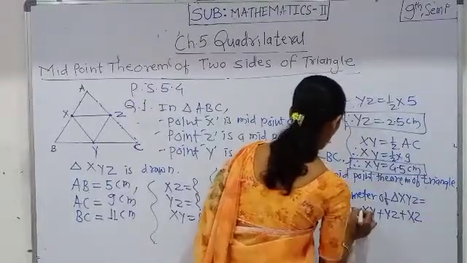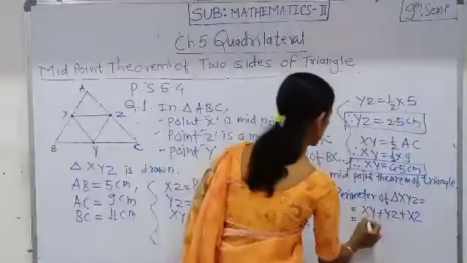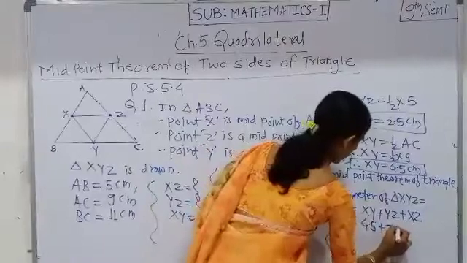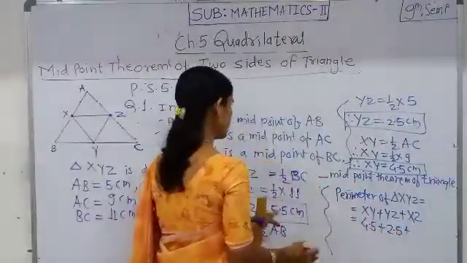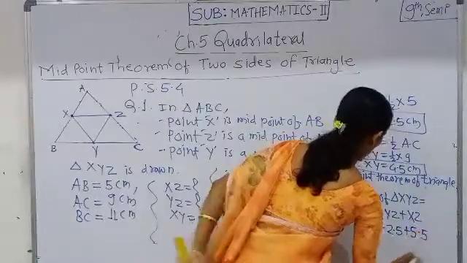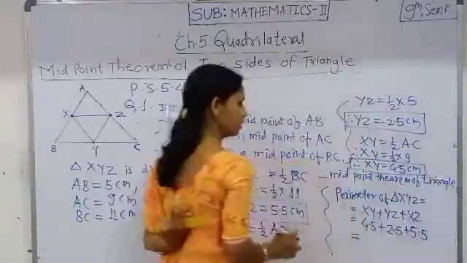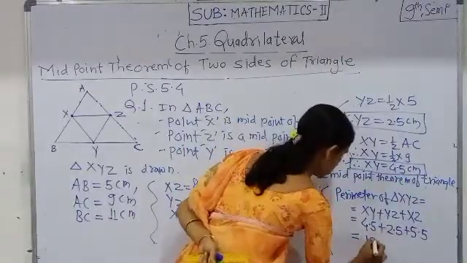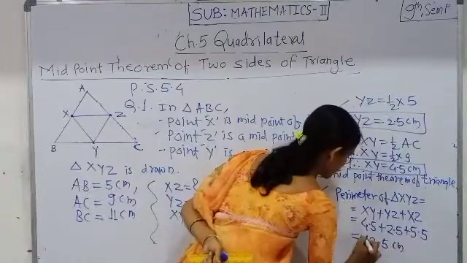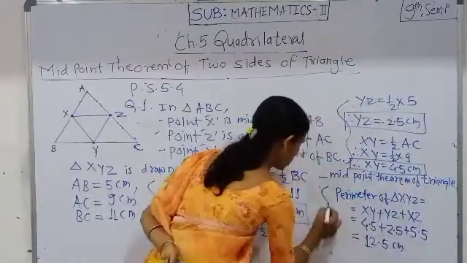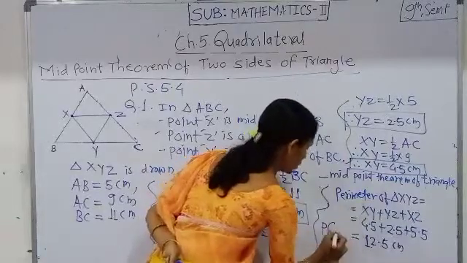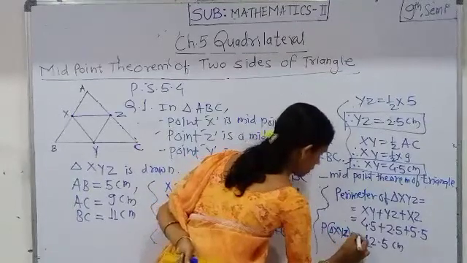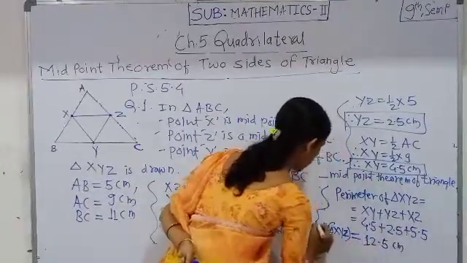Therefore XY, that is 4.5 centimeter, plus YZ, that is 2.5 centimeter, plus XZ, that is 5.5 centimeter. The total of all those is 12.5 centimeter. Therefore the perimeter of triangle XYZ is equal to 12.5 centimeter.